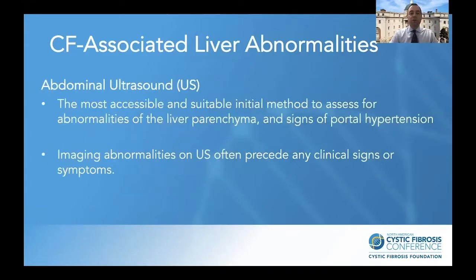Let's start then with abdominal ultrasound. It is very clearly the most accessible and suitable initial method to assess the abnormalities of the liver parenchyma and to evaluate for signs of portal hypertension. Imaging abnormalities on ultrasound often precede any clinical signs or symptoms, and this is a well-known fact in general for chronic liver diseases and also for CF.